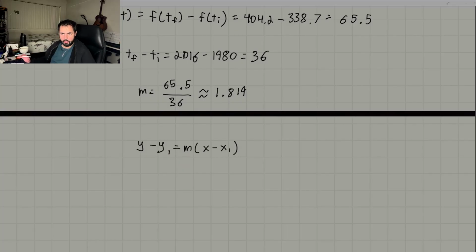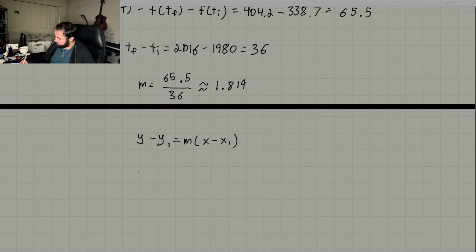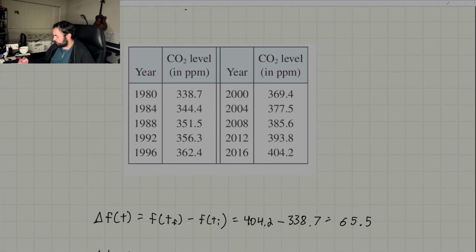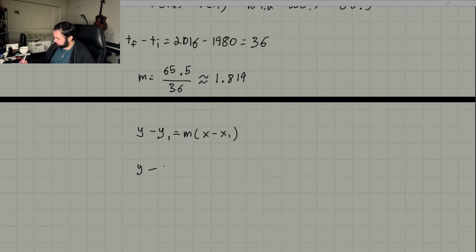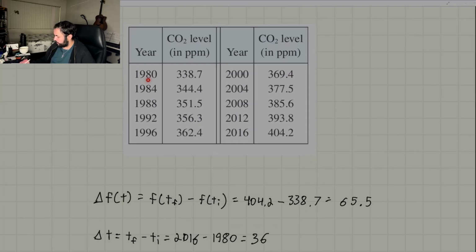We know all of these values, so we can just plug them in. We know that y1, in this case, we're going to use the initial point. y1 is equal to 338.7, which is equal to the slope, which is 1.819 times x minus x1, which is 1980.